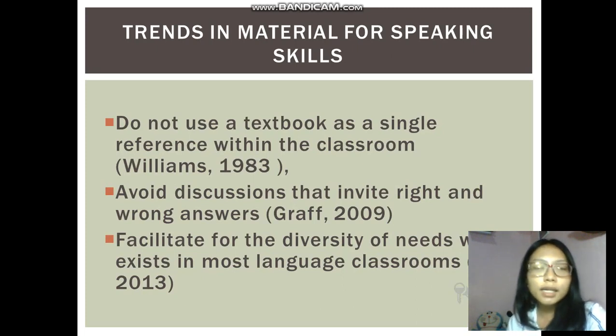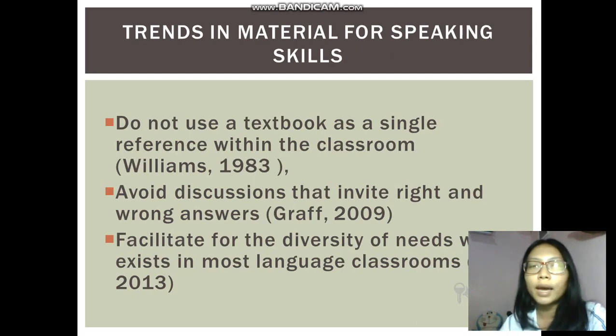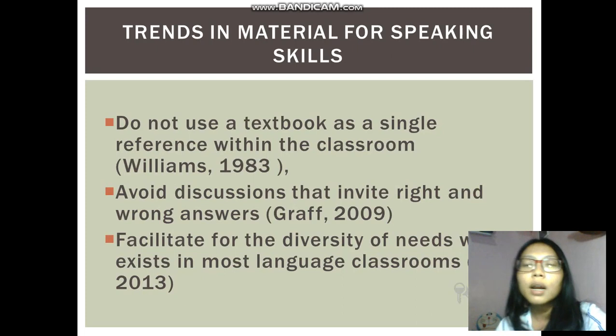The second one is from Graph 2009, who said to avoid discussions that invite right and wrong answers. Questions about right and wrong answers can reduce the learning complexity because they don't train the students' thinking skills.